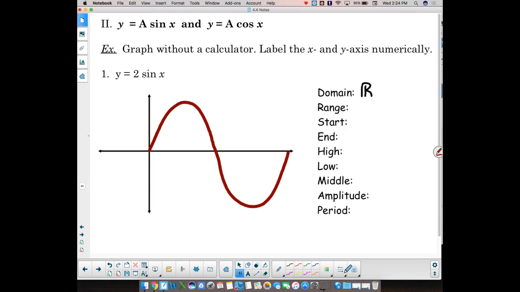So the first school is you put the graph on the paper. Okay? And from that, then, you would fill in all of your different informations. Okay? For instance, sine has a middle in this case of 0.